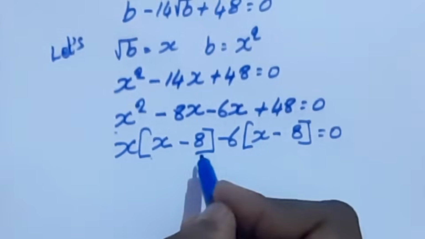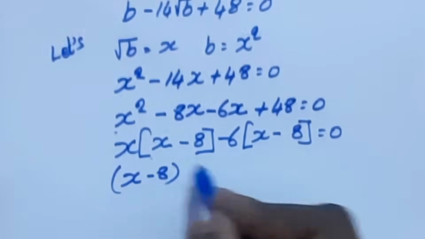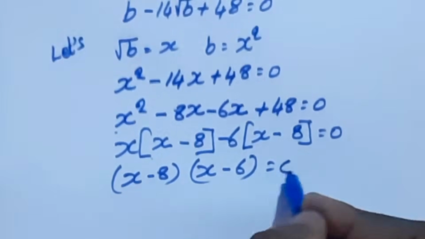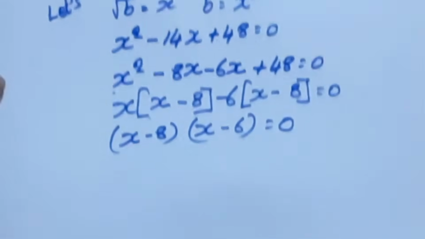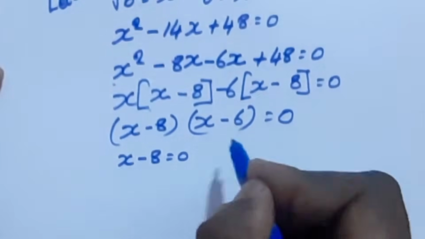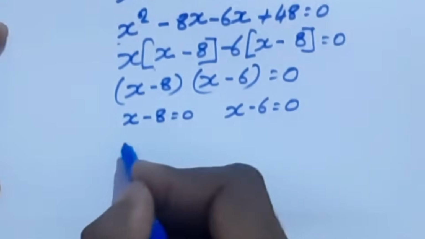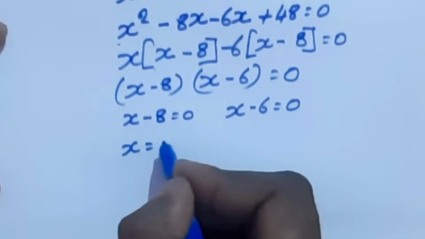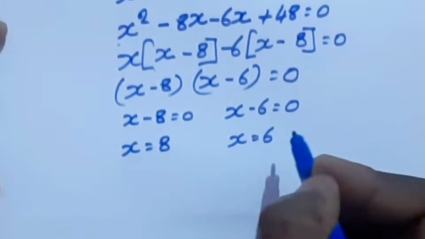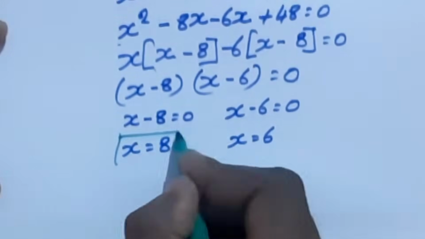Now x minus 8 we are going to take common, so x minus 8, we have x minus 6 here, equal to 0. Now we have found x minus 8 equal to 0, other one is x minus 6 equal to 0. So x equal to 8 here, on the right hand side x equal to 6 here. These are the x values we found.